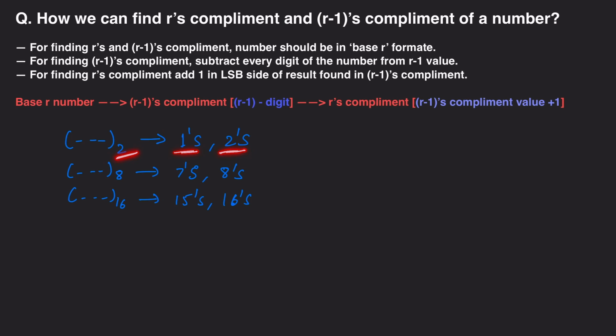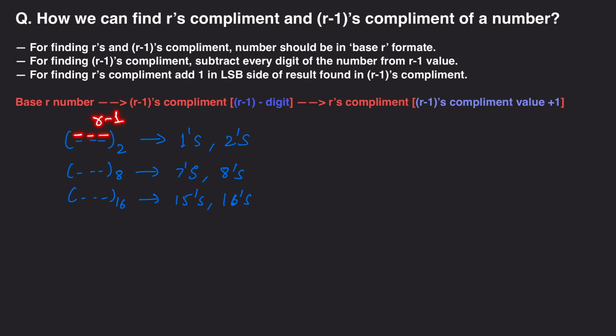And the second rule: for finding r minus 1 complement, subtract every digit of the number from the r minus 1 value. So if we have to find r minus 1 complement, we have to subtract every separate digit from the r minus 1 value.